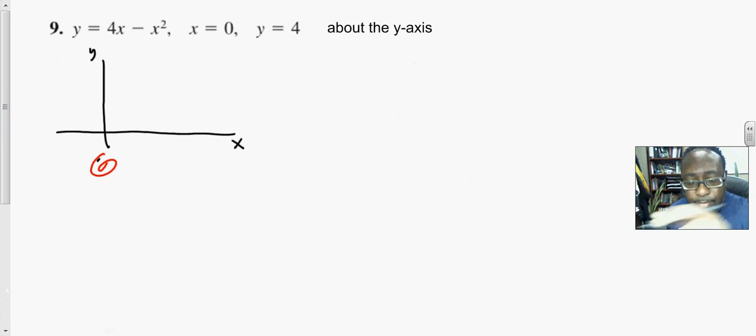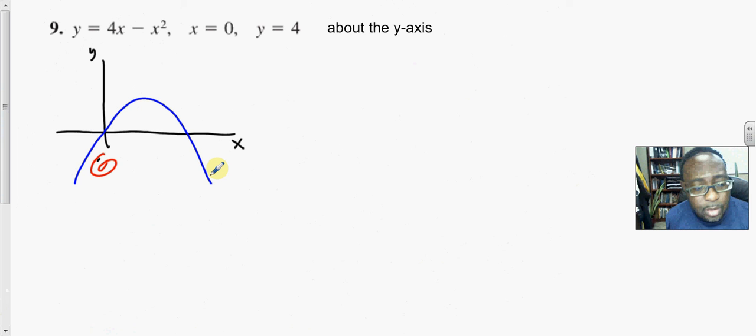We've seen this graph before. This is the upside down parabola with x-intercepts at 0 and 4. And then it says x equal to 0, so that's this guy right here, and then y equal to 4.